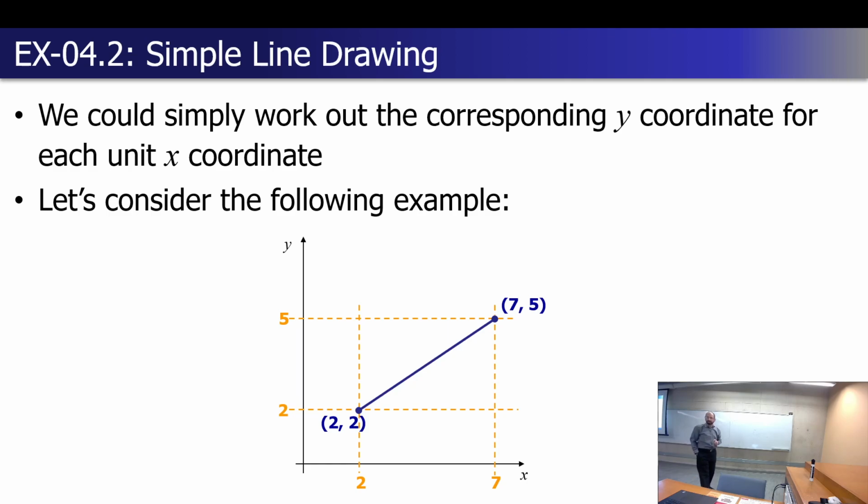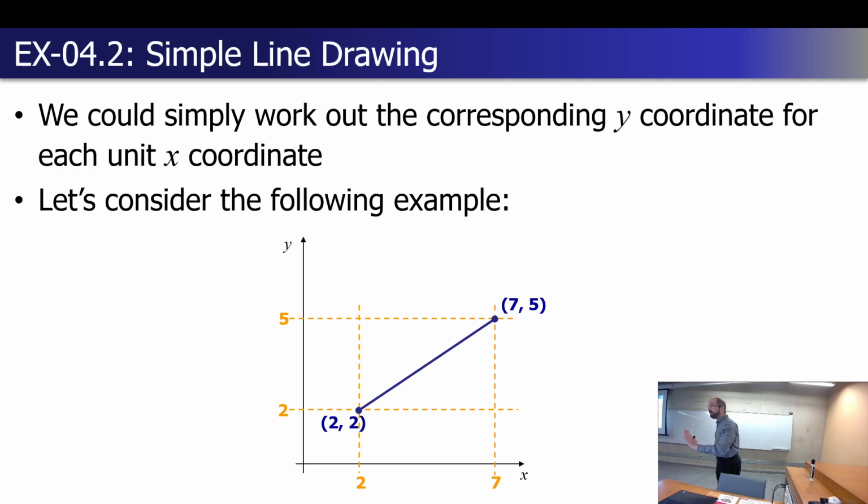What is the y-intercept, the b value for this line then? Requires a little bit of math in your head. y equals 3/5 x plus b. So 2 equals 6/5 plus b. So b equals 4/5, right? That would be our y-intercept of that line.